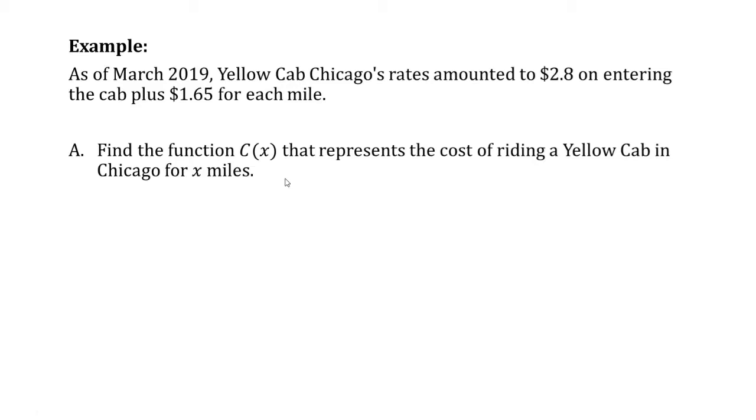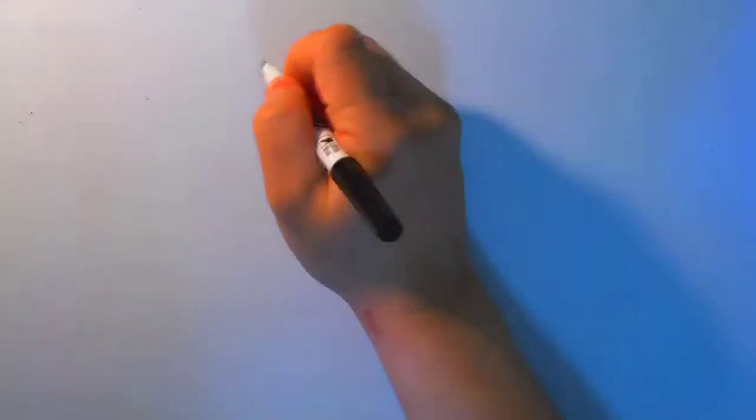So in the way I see it, and the information is stating clearly right here, the rates amounted to $2.80 on entering the cab. Such an important property right here, it means for any customers, you always have to pay sort of like a base price. So there's a base price here being $2.80. So anyone, it's me, it's you, as long as you hop onto their cab, you got to pay out of pocket immediately $2.80, no matter how far you go.